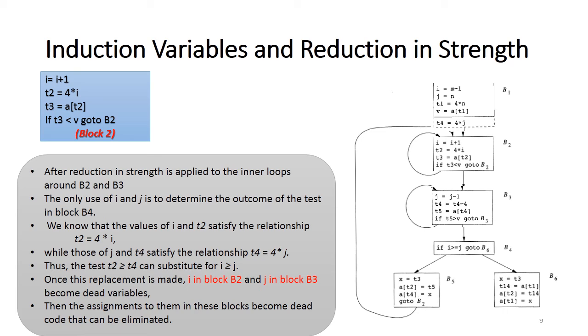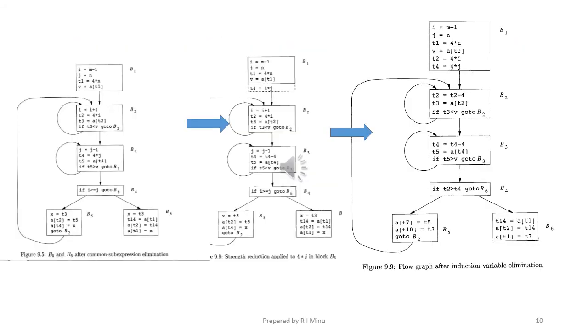Likewise, we can reduce the strength. The net result is our actual basic block, which we have as an input after the local and global elimination.